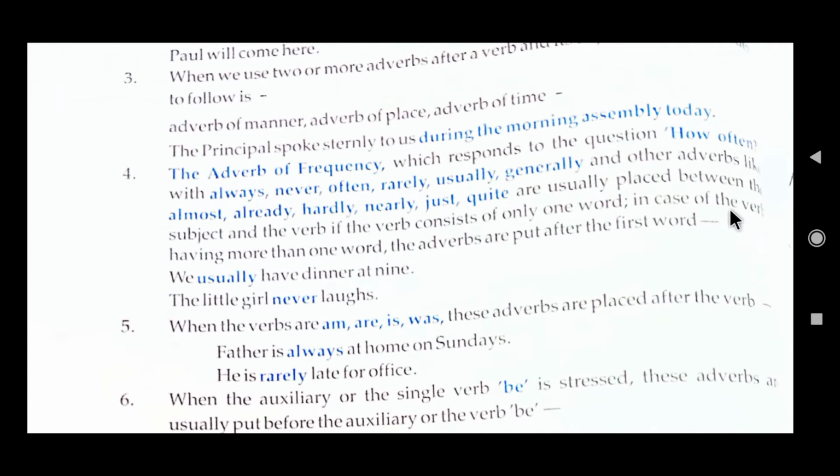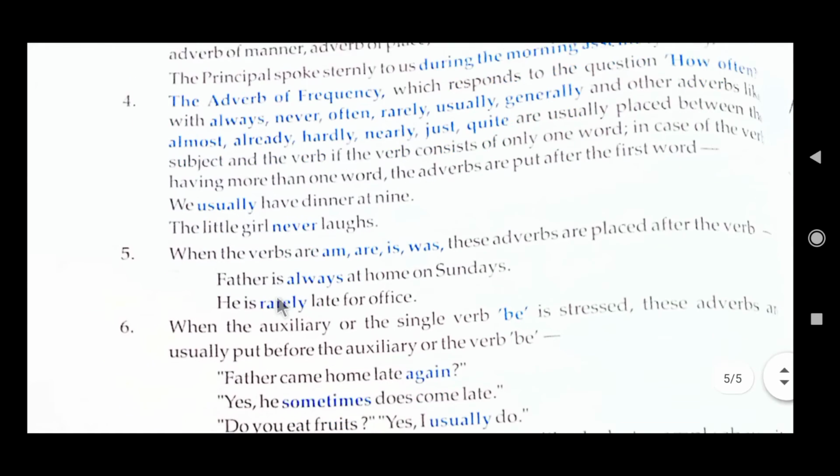In case of a verb having more than one word, the adverbs are put after the first word. We usually have dinner at night. Basically, when we use adverbs like these, we use them after the subject. The little girl never laughed. So we use never before the verb.